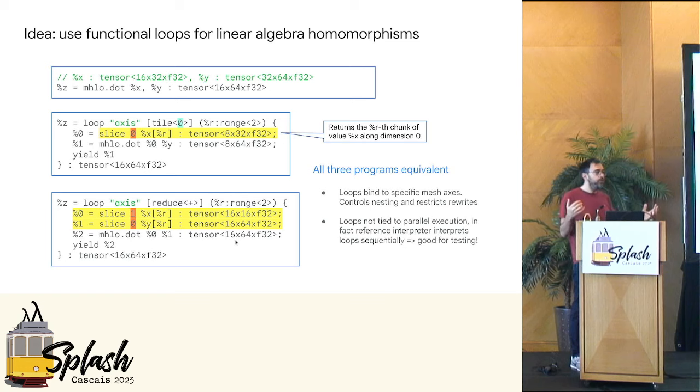So what do I need to actually get the right result? I need to sum all of these pieces together, and this is expressed with this reduce business here. So you have these tiling loops where effectively the monoid about what you should do with the local computation, should you stack it or should you reduce it, appears here as a little attribute in the IR.